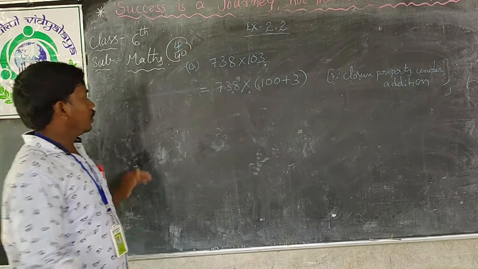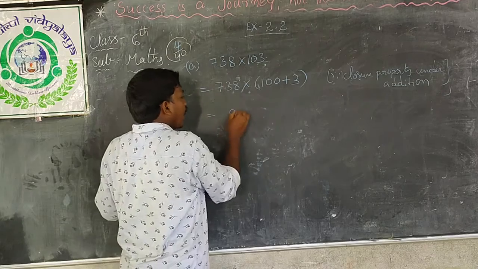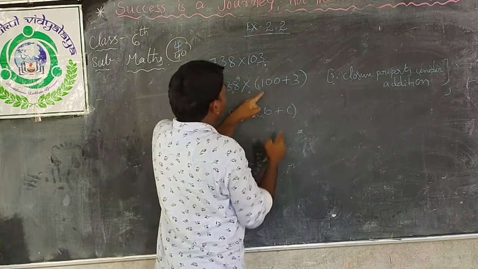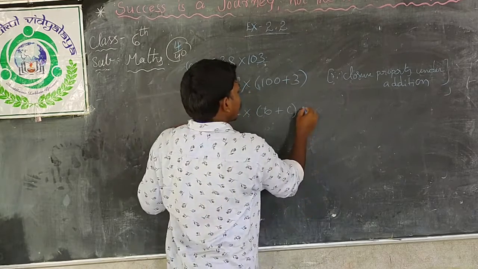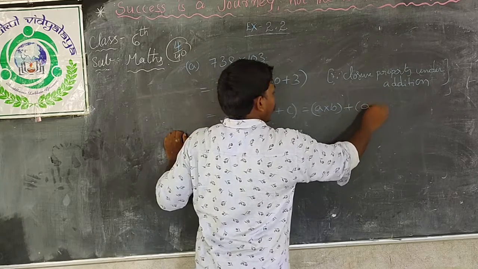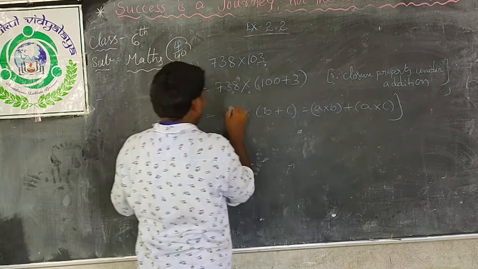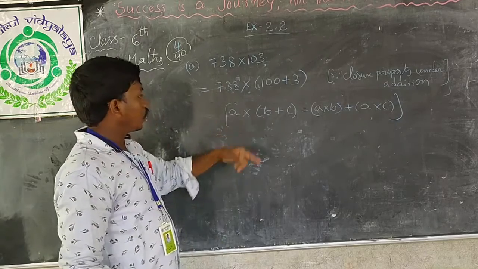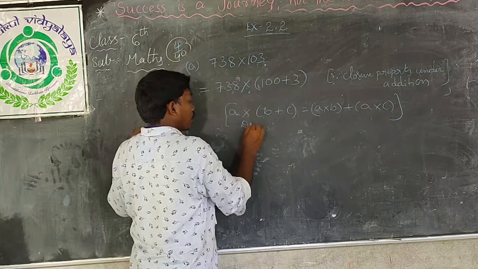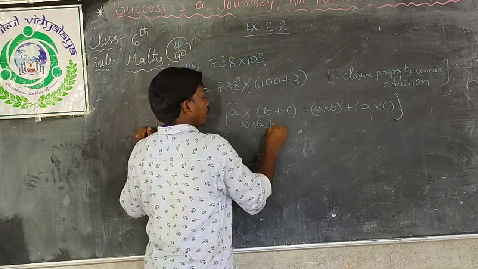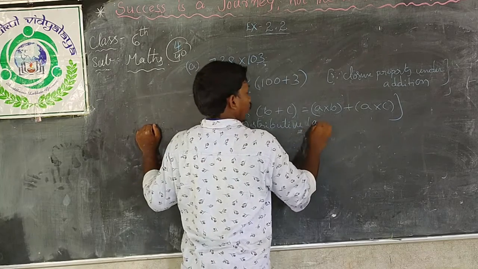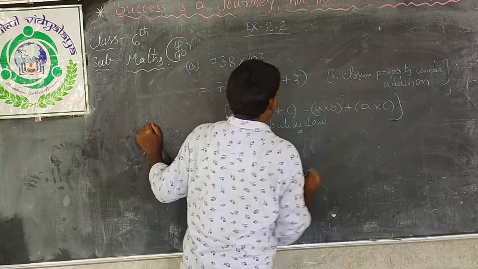Again, see the children, this is A into B plus C, which is equal to A into B plus A into C. Use this formula. What is this formula? Distributive law. Use this one and find the value.